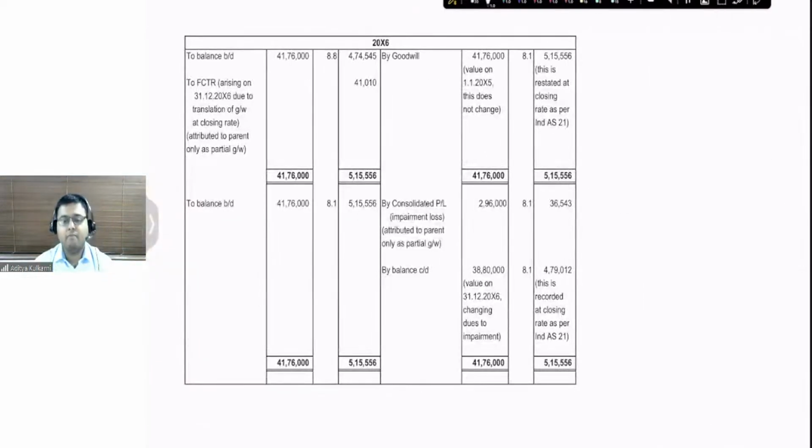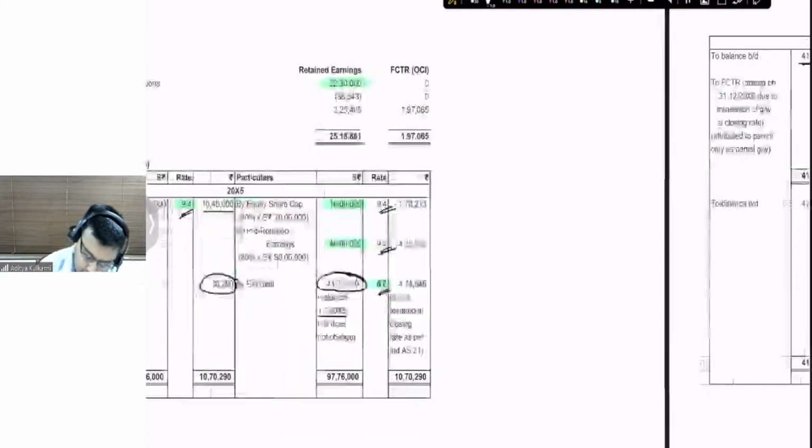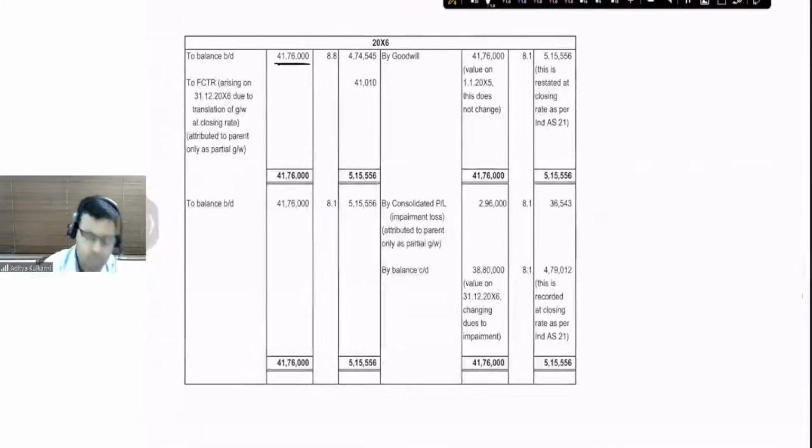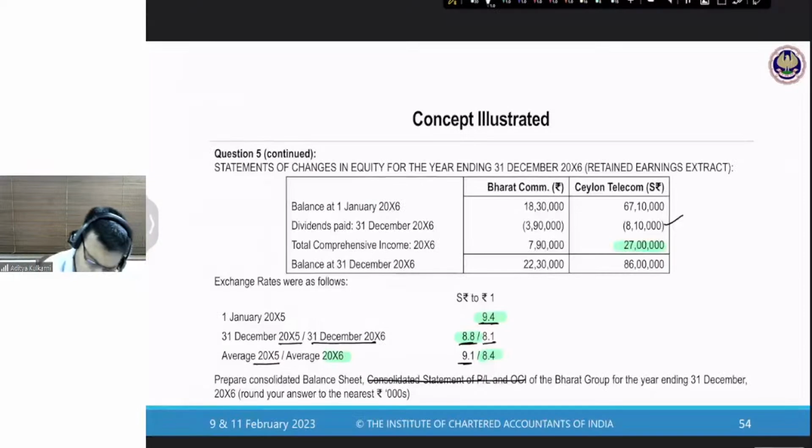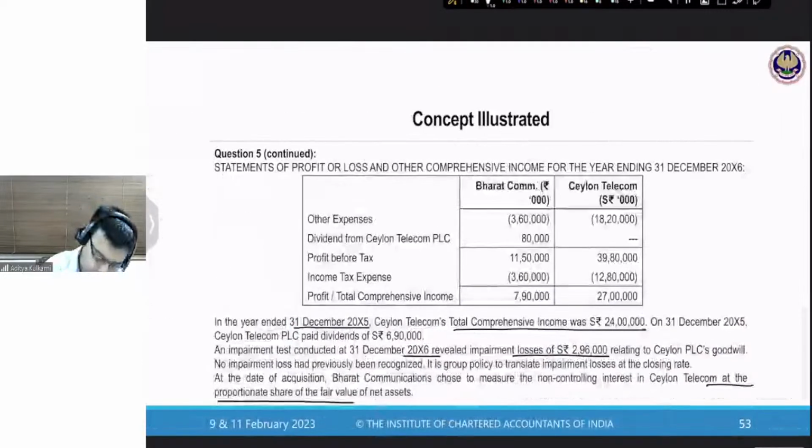All right. Coming to 20x6, I bring forward the goodwill. Dekho, 41,76,000 it was there earlier also. Now also it is brought down at 41,76,000, at 8.8. And then I am in the year ending 31st December x6, so I will translate using closing rate of 8.1.